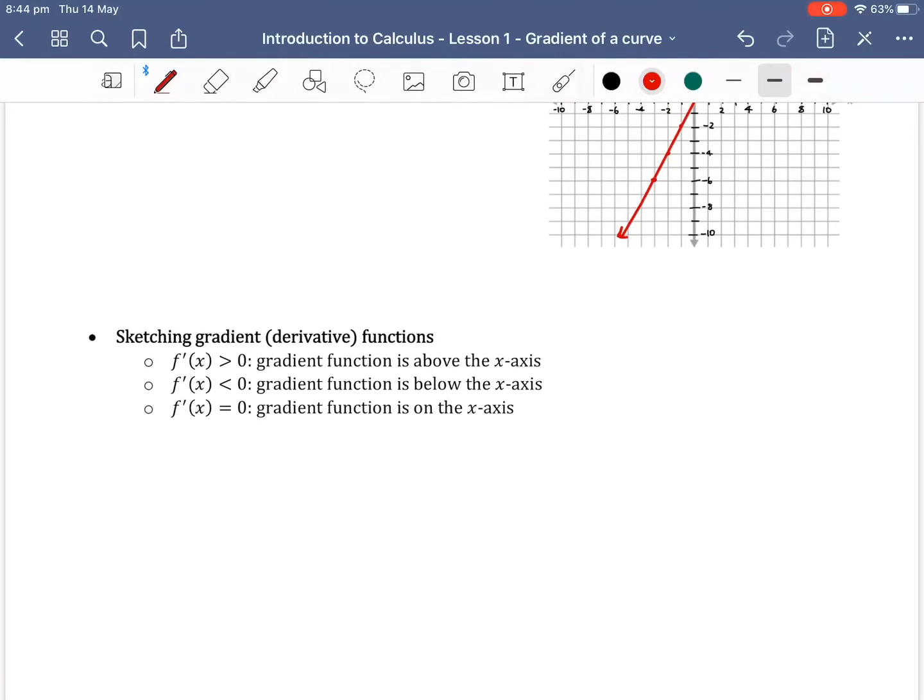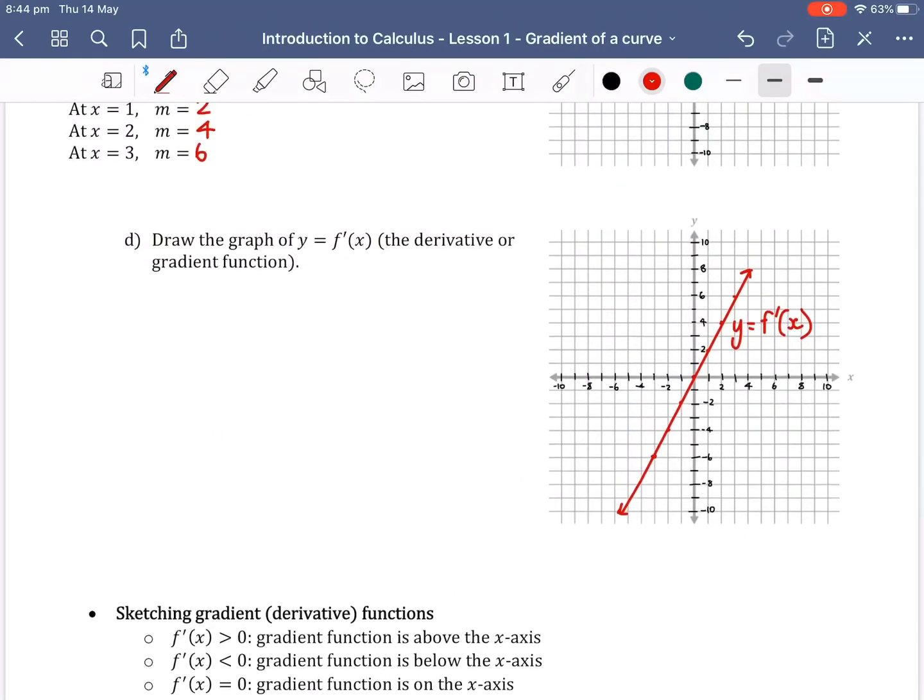So now we want to talk about that if we notice that where m is greater than 0 in our previous example, the gradient function is above the x-axis. Where m equals 0, the gradient function is on the x-axis. And where m is less than 0, the gradient function is below the x-axis. So since m, or our gradient, is equal to our derivative, f dash x, we can write the following.